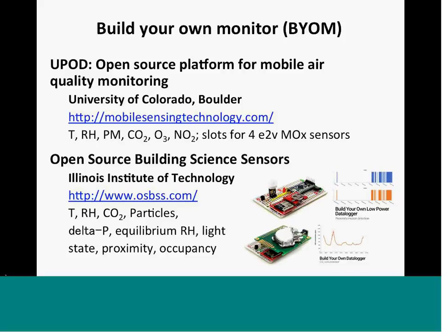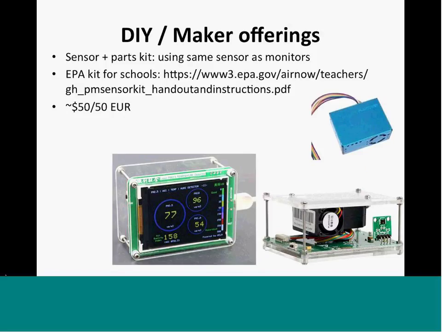And this is, I think, indicating that in the future, we might see even lower cost devices where it's simply dedicated to providing a control signal and doesn't come with complex displays and so on that would make the cost higher. And so there's the possibility to make these things a lot cheaper. There's also some prepackaged DIY and maker offerings that are sensor with the parts kit, and they're all using the same sensor as these monitors we talked about.